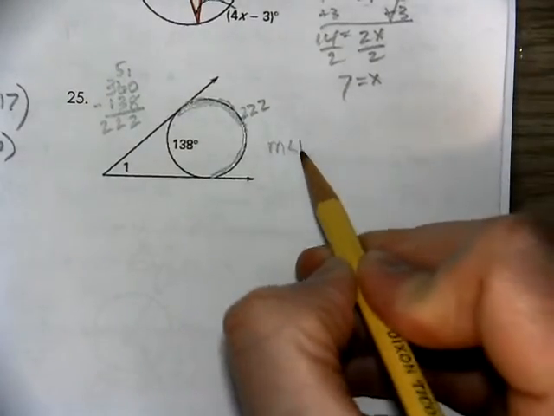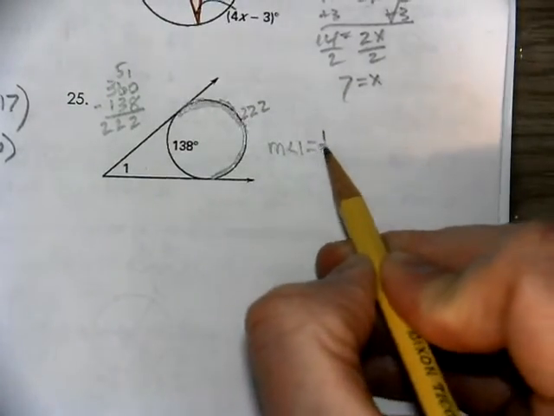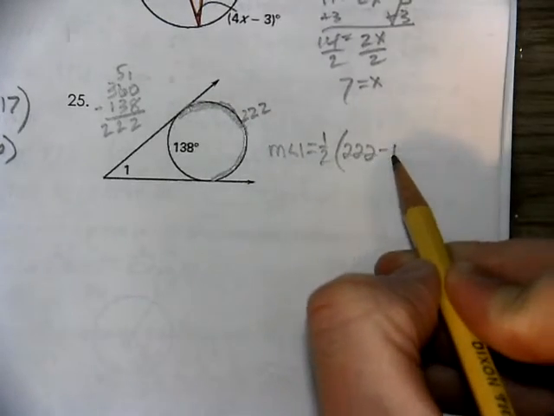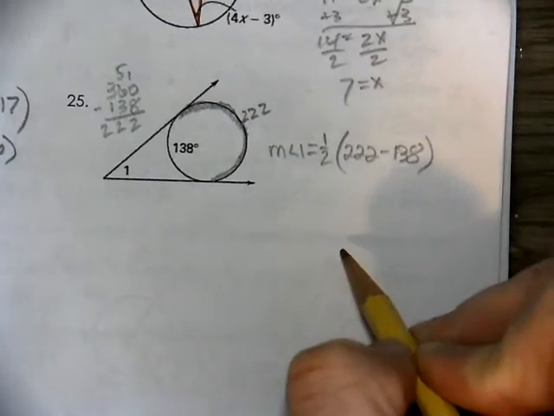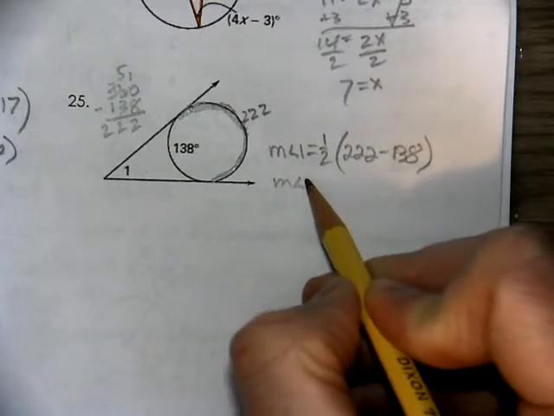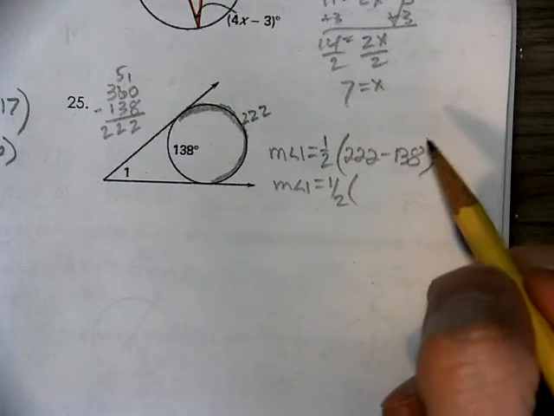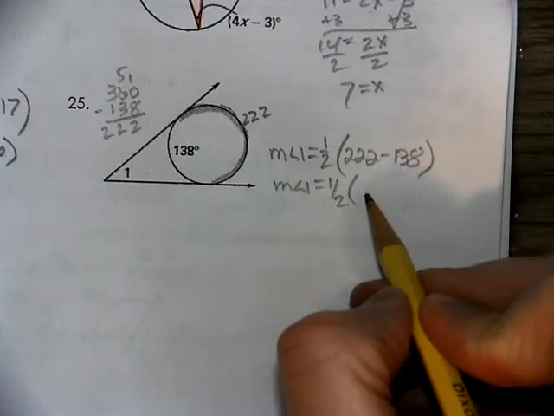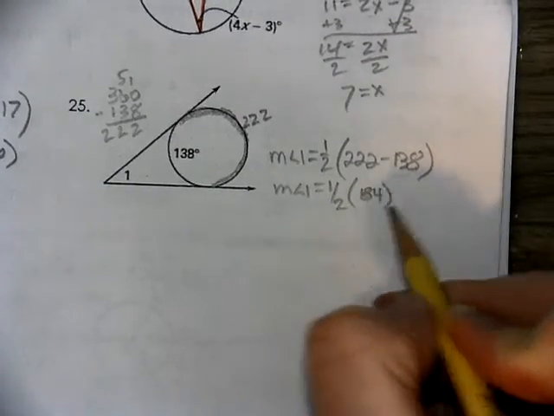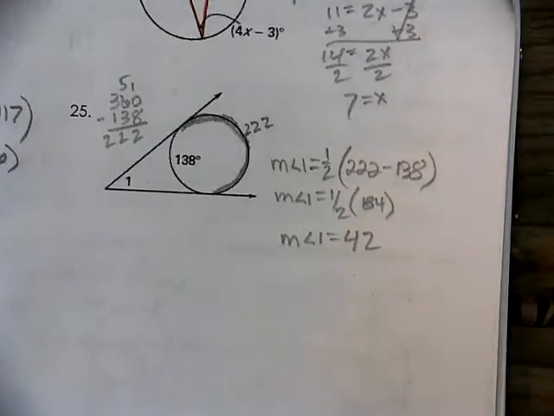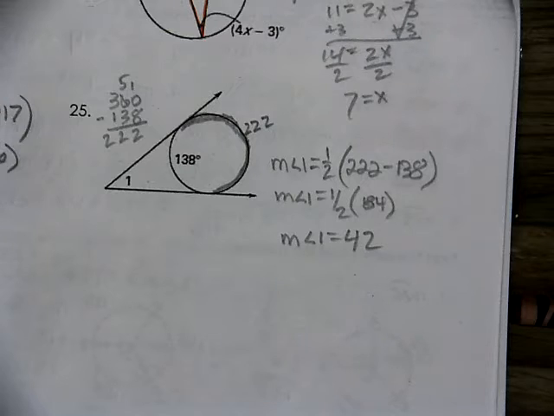So in this case, the measure of angle 1 equals half of the big arc, which is 222, minus 138. So when we put those two numbers together, we get 84. Take half of that, we get 42. That looks like something we did in our notes.